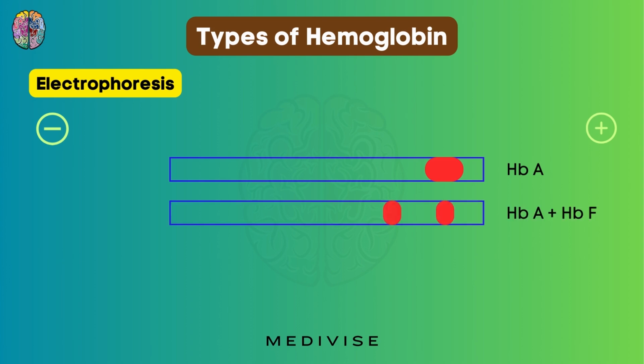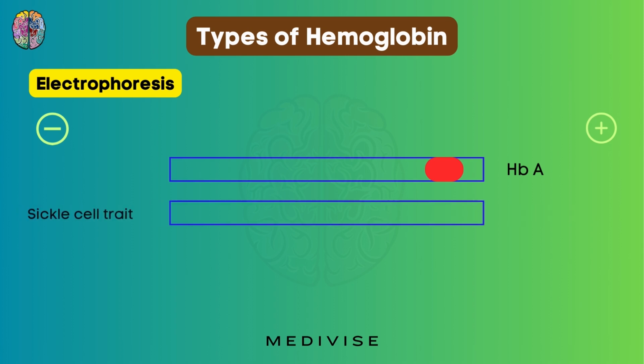What is going to happen under this circumstance? The HbF is not as negatively charged as the normal HbA. Due to this, you will see 2 points. Some of the hemoglobin will be where normally we find HbA, but the HbF will be more towards the negative pole because it is not a very strong negative.